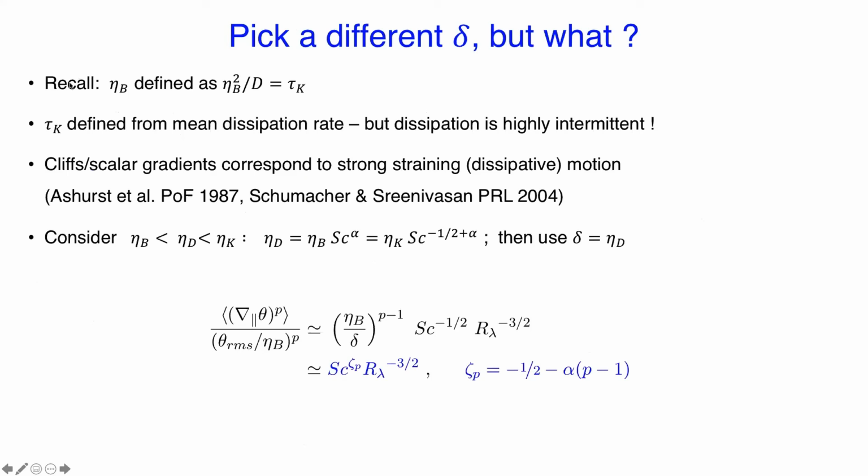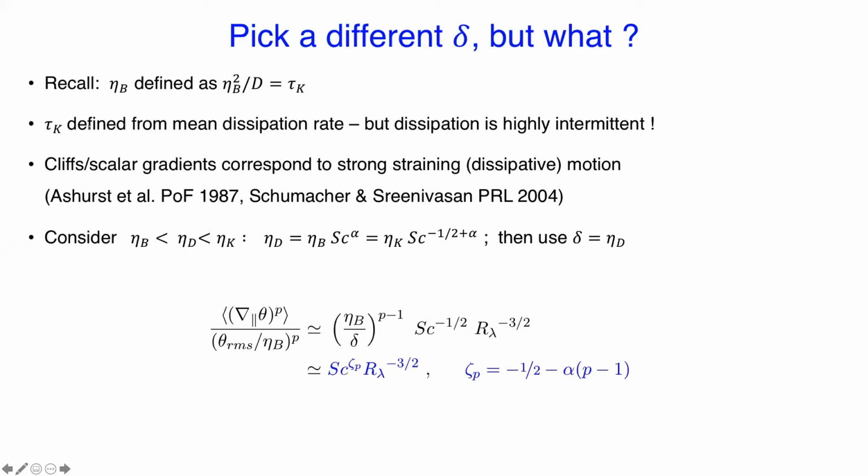So one way to justify picking a different delta than eta b is to recall that eta b is defined by saying that the time scale of diffusion, eta b squared by D, is the same as the Kolmogorov time. But the Kolmogorov time, of course, is defined from the mean dissipation.